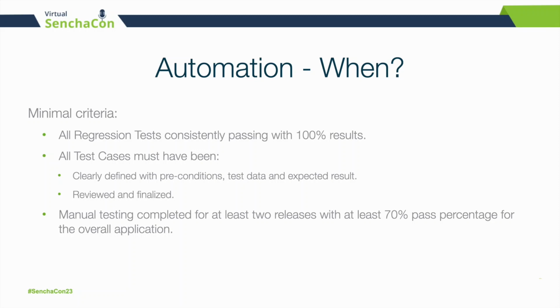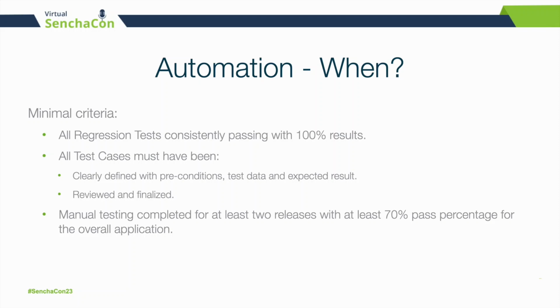When to start automation? Below are the minimal criteria to be considered. Say we have a regression suite, make sure that it is consistently passing with 100% results. Make sure that all the test cases are clearly defined with precondition, have proper test data to test, and have the expected result or expected outcome.